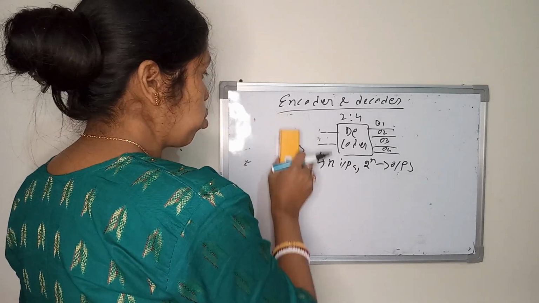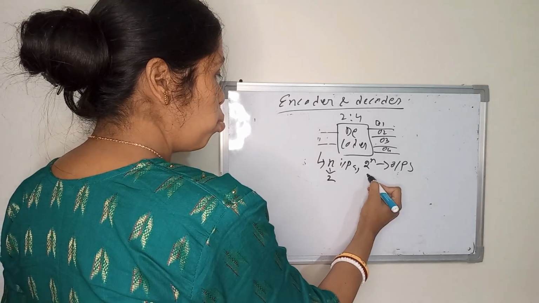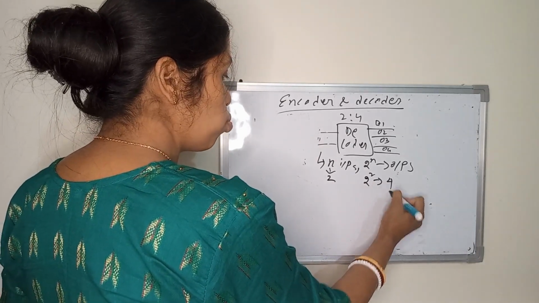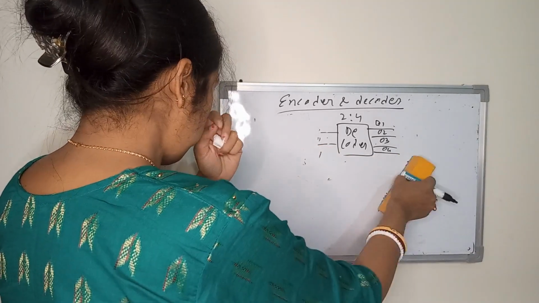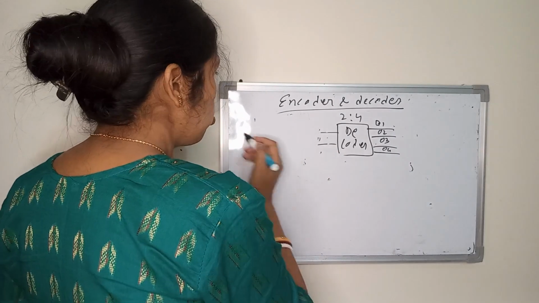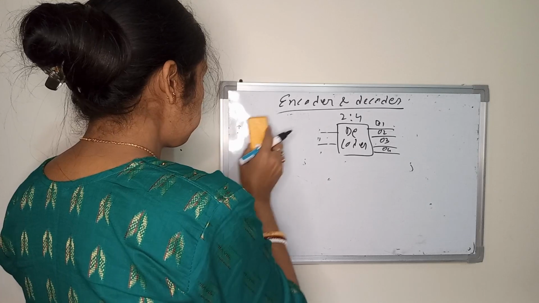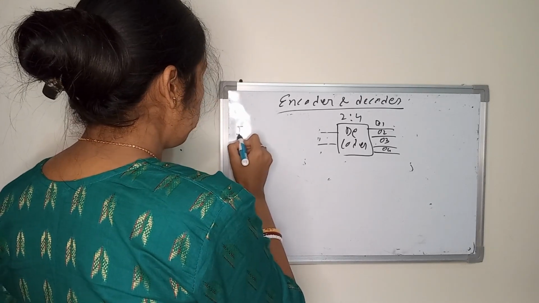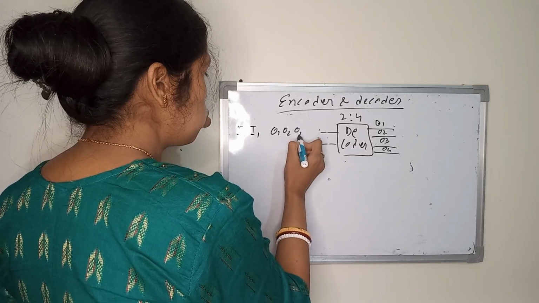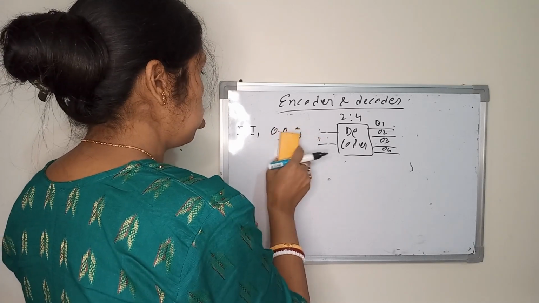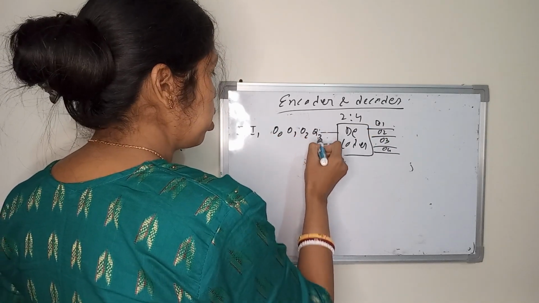So now for the 2 to 4 decoder, your input n is 2, so what will be the output? 2 to the power 2, that is 4 outputs. So now I am writing the 2 to 4 decoder. Two inputs, I1 and I0, and the outputs will be O0, O1, O2, O3.